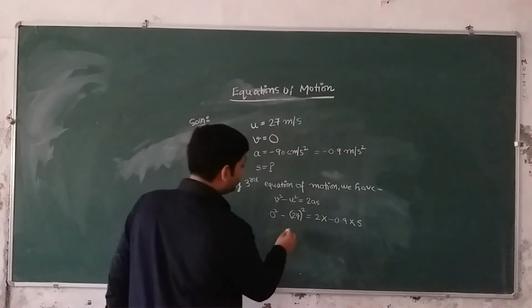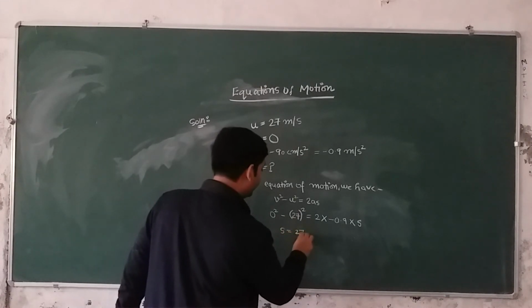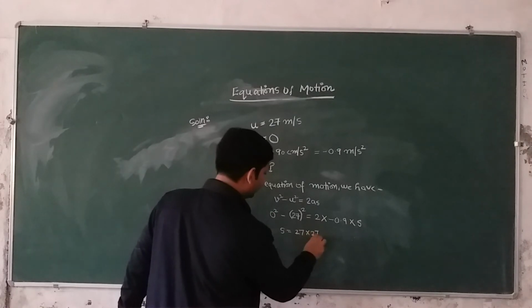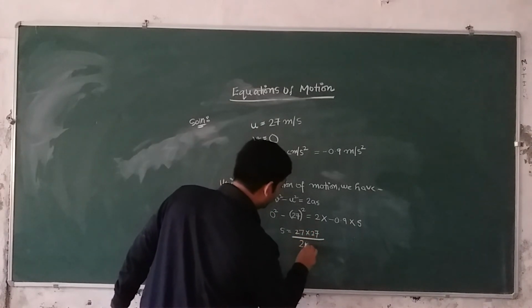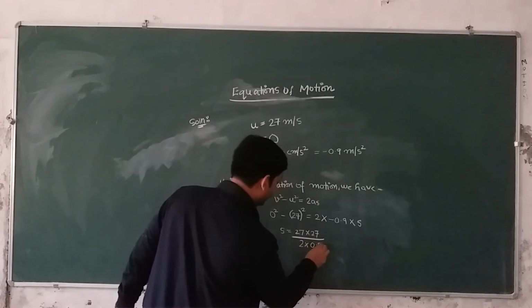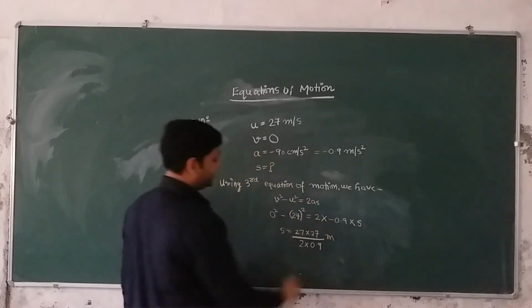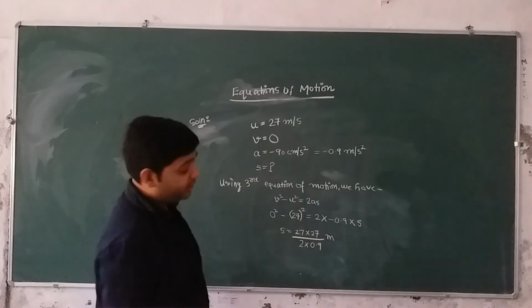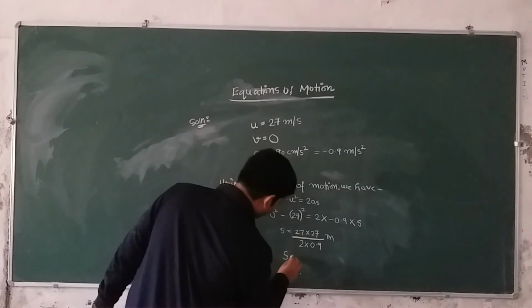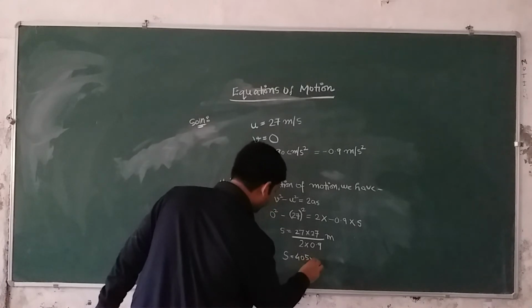So from here s will be equal to 27 into 27 upon 2 into 0.9. So this is the value of displacement. Now if you solve it, the answer comes out to be 405 meter. So s is equal to 405 meter.